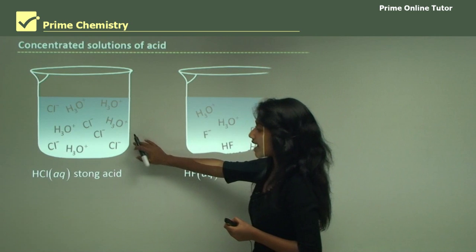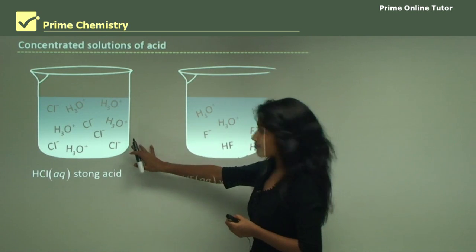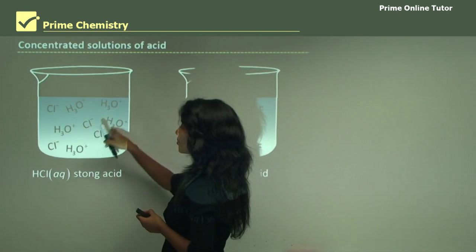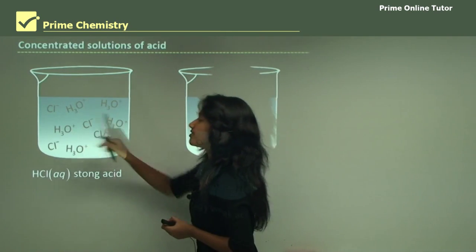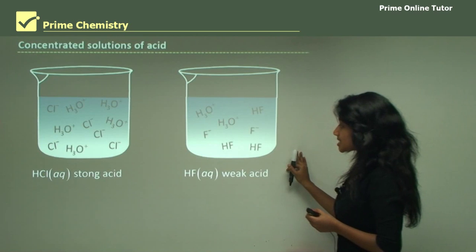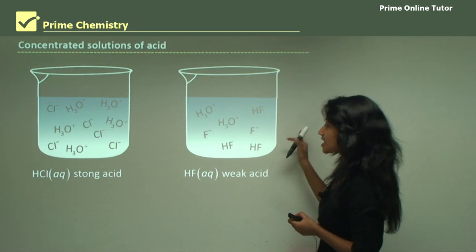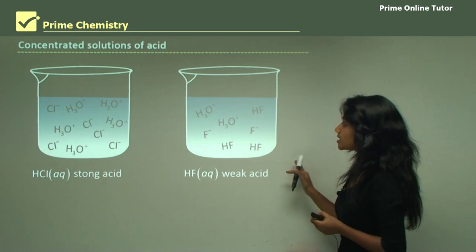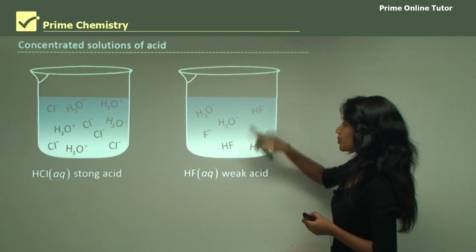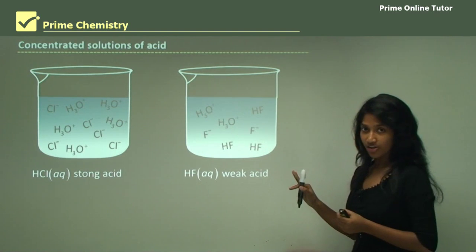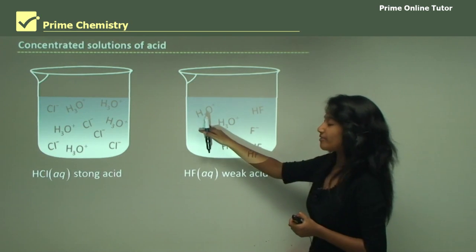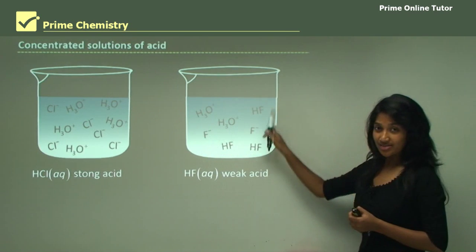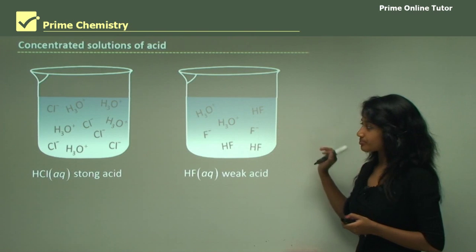So all of the acid particles have ionized, forming 5 hydronium ions and 5 chloride ions. In this case, we have the same number of molecules, 5 acid molecules. Out of the 5 acid molecules, 2 of them have dissociated, while 3 remain as acid molecules.